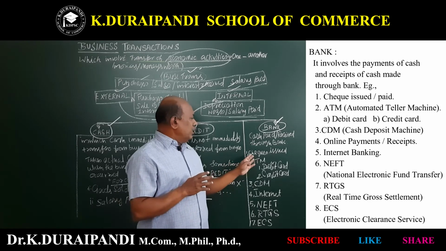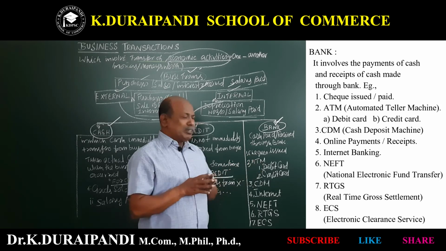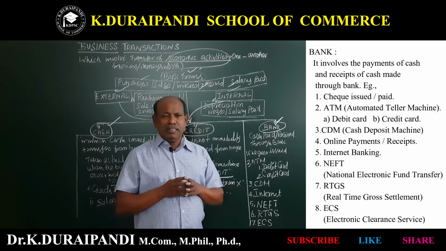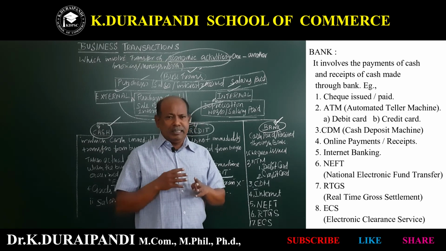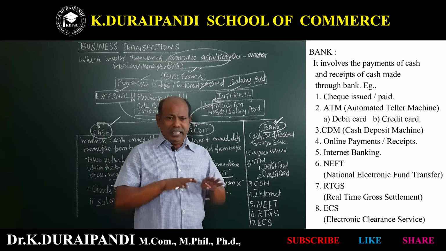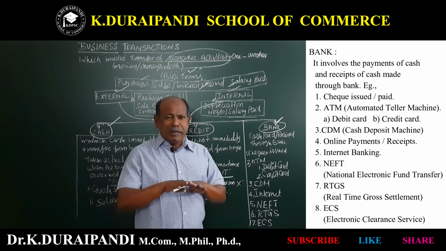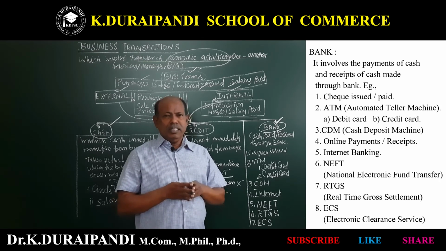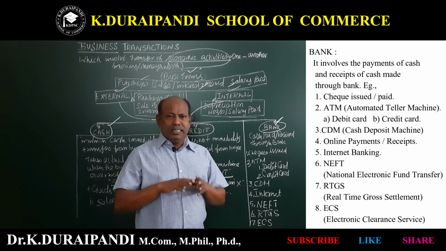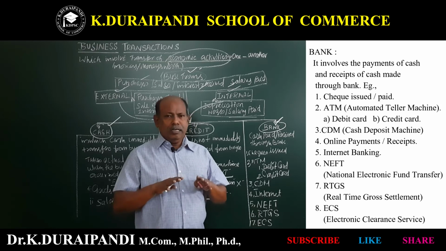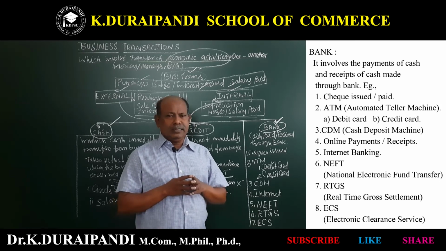Another thing is ATM. What do you mean by ATM? Automated teller machine. So it is related to banking dealings, a bank transaction. You use an ATM card, credit card, or debit card for taking cash. It is a banking transaction.